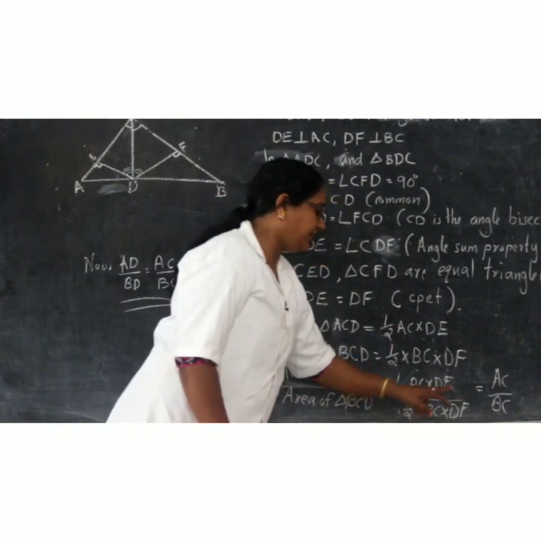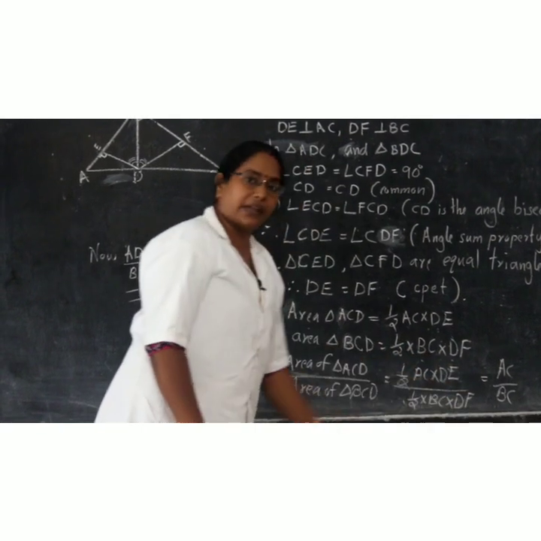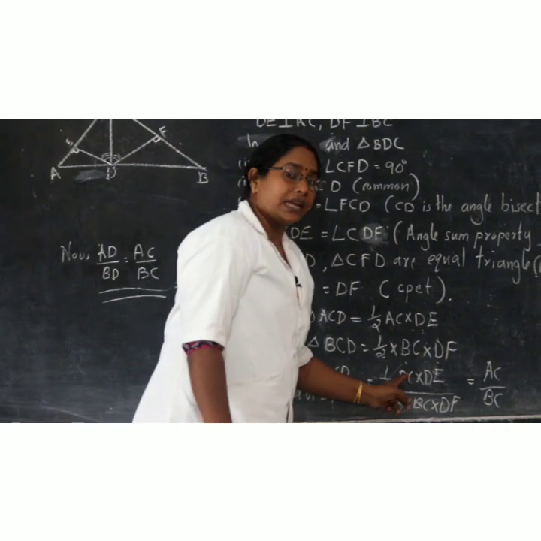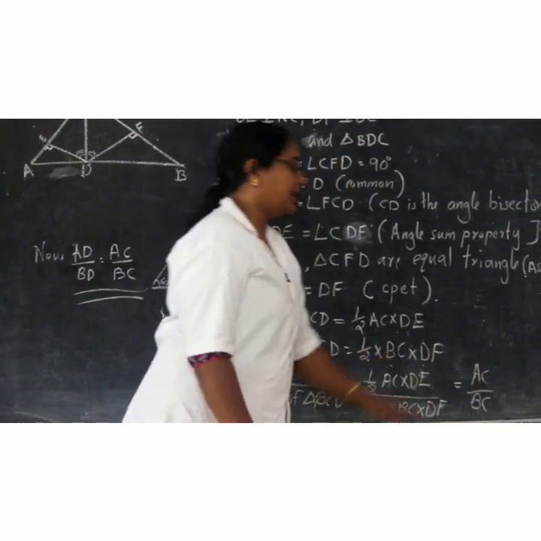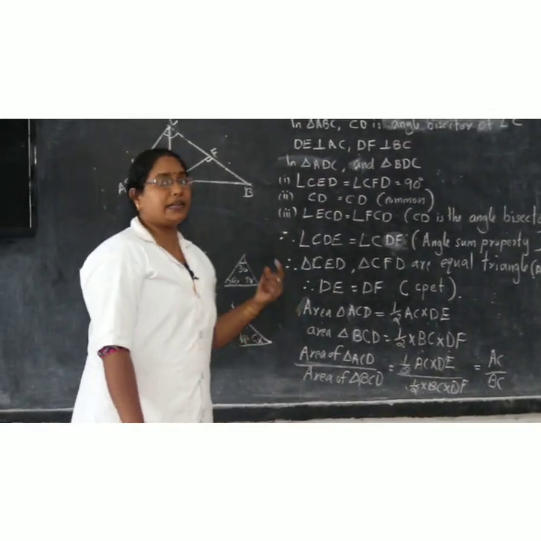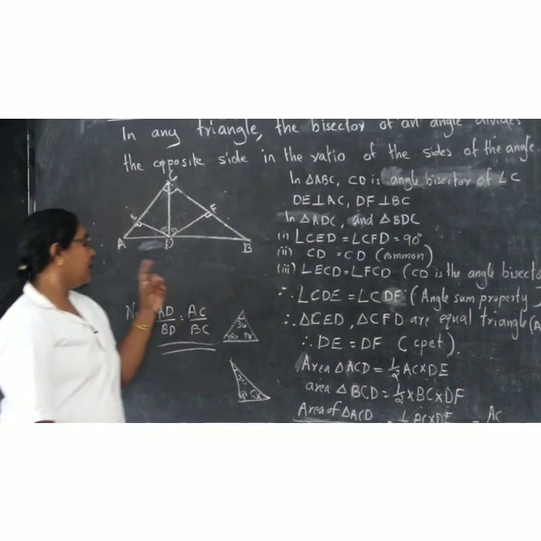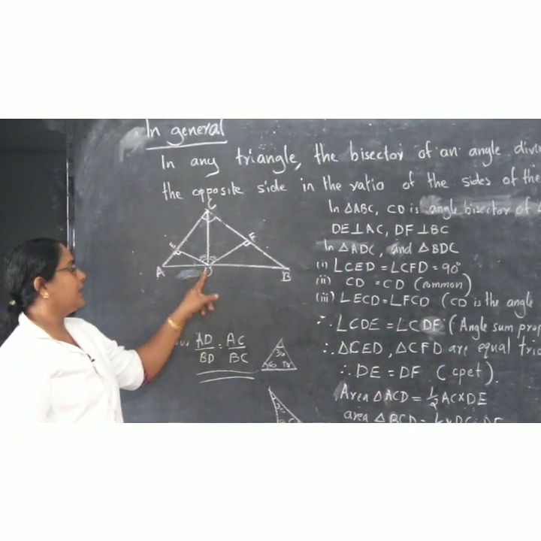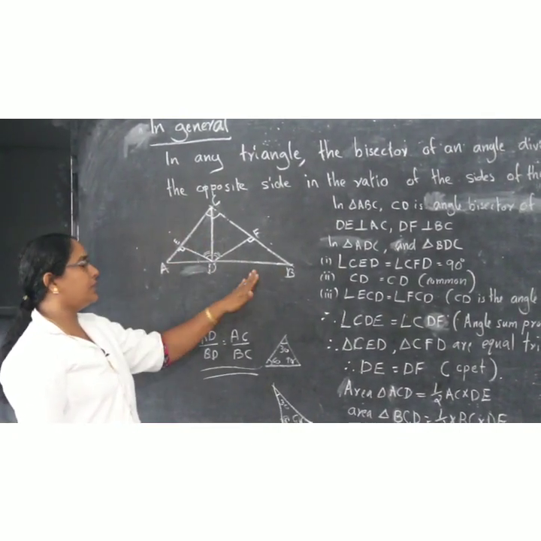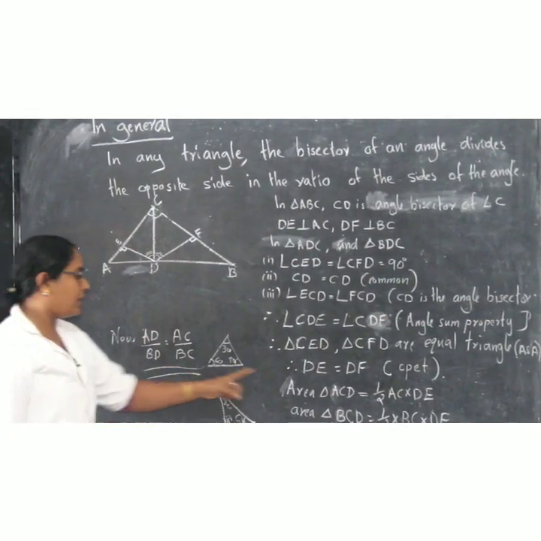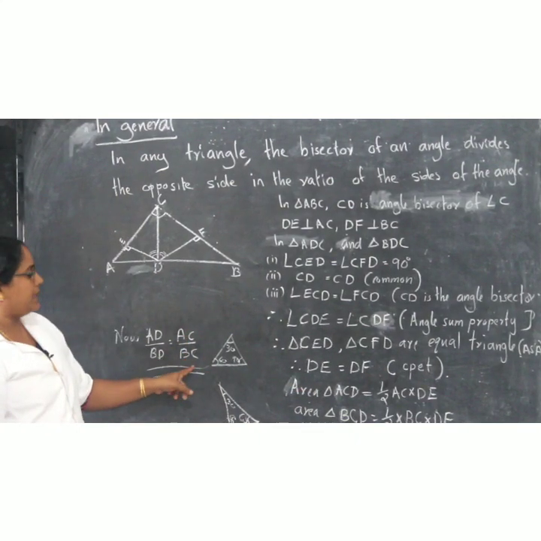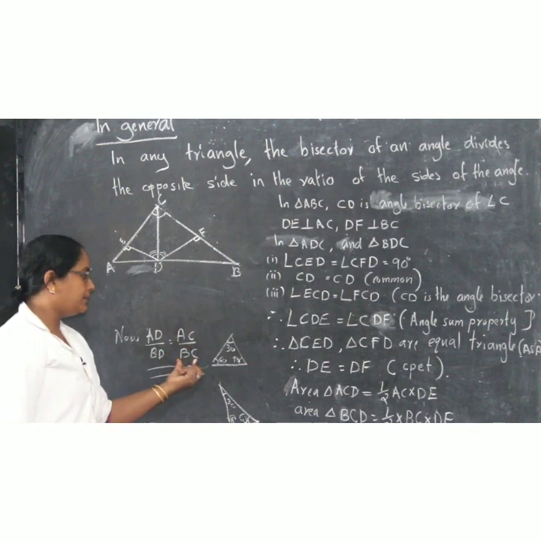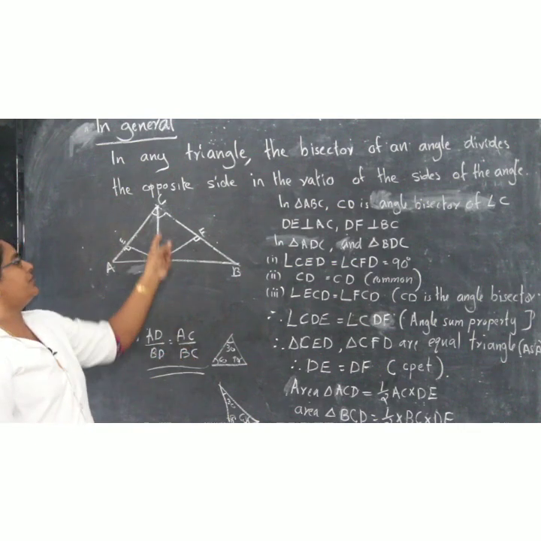DE equals DF, so DE and DF cancel, half cancels. What is remaining? AC by BC. You have already studied in general that the ratio of areas of two triangles equals AD by BD, the ratio in which the side is divided. Now we have proved AC by BC. Therefore, AD by BD equals AC by BC equals the ratio of the areas of the two triangles.